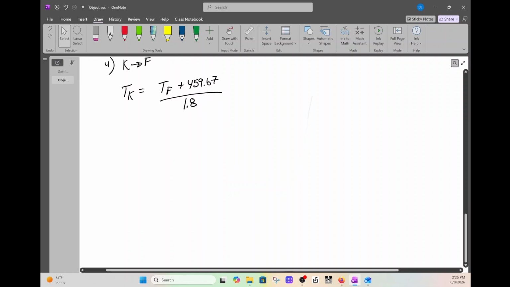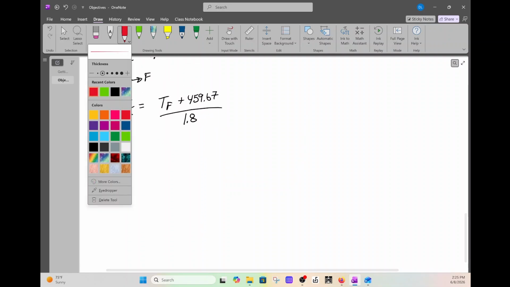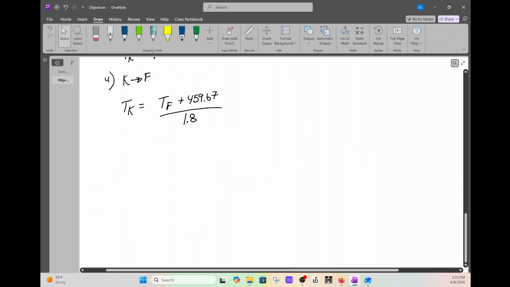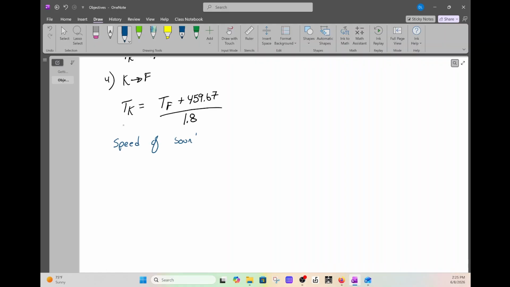Some basic stuff here. Might be new, which is good, but a good basic information of fluids. Let's look at the speed of sound. I kind of like to give you some of these general, because you see it all the time. So we're going to use C as the speed of sound, and it's the square root of kRT, where T is your temperature in absolute.